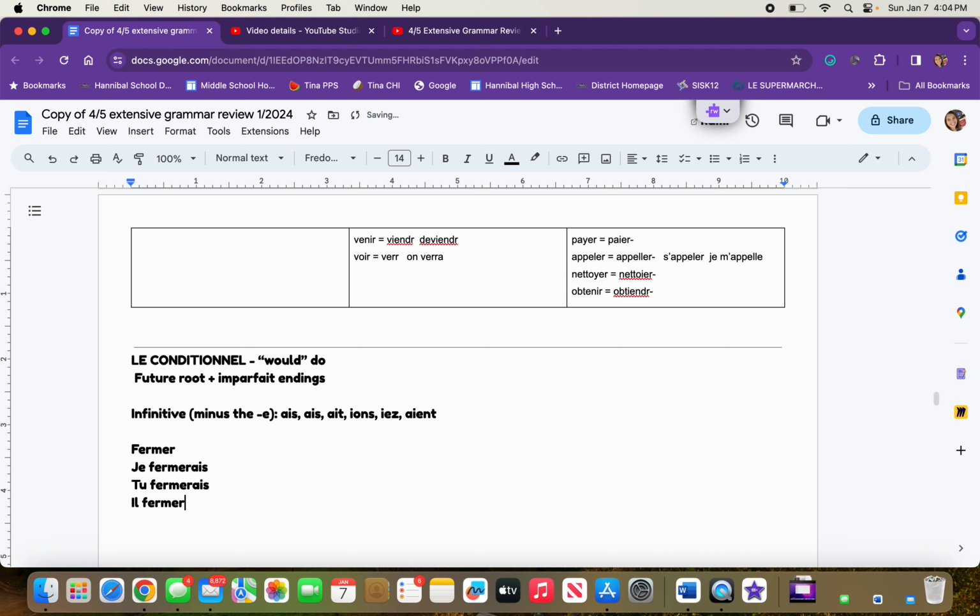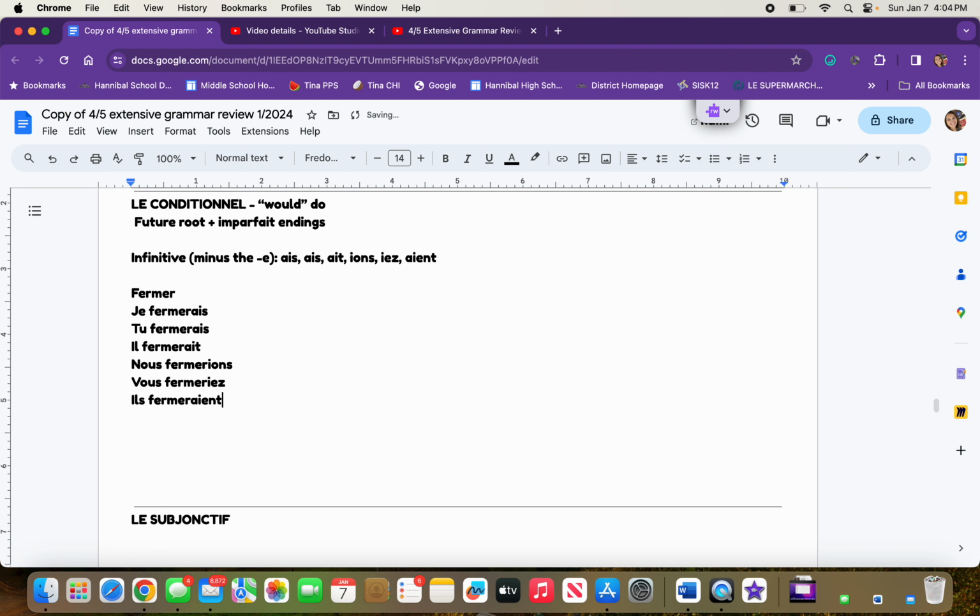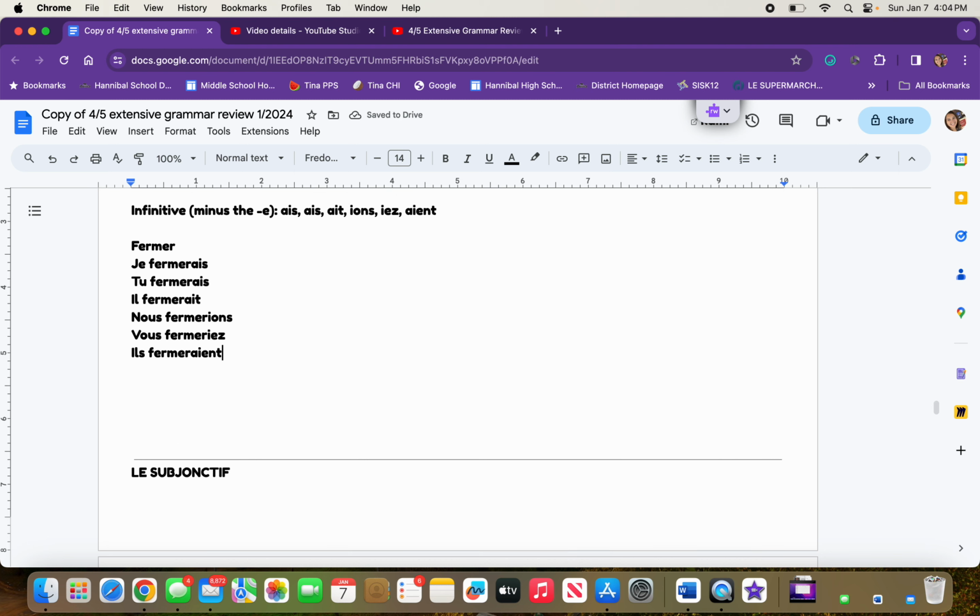Il fermerait. I'm going through these pretty quickly because it's so similar, and also we've learned this before. This is just a quick review. So we would close, fermerions, vous fermeriez, and il fermerait with the AIT. Just like the future, except it's the imparfait endings.